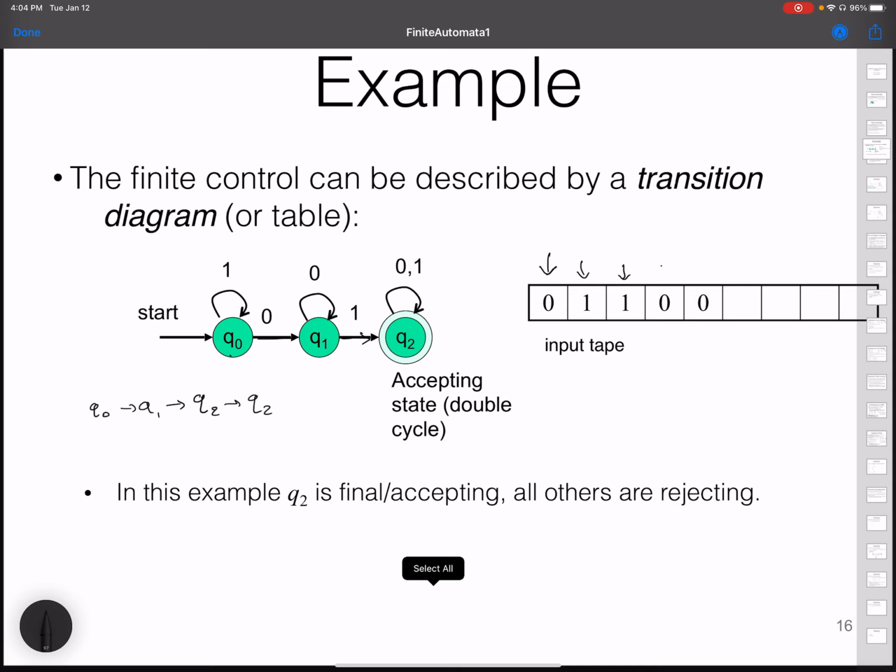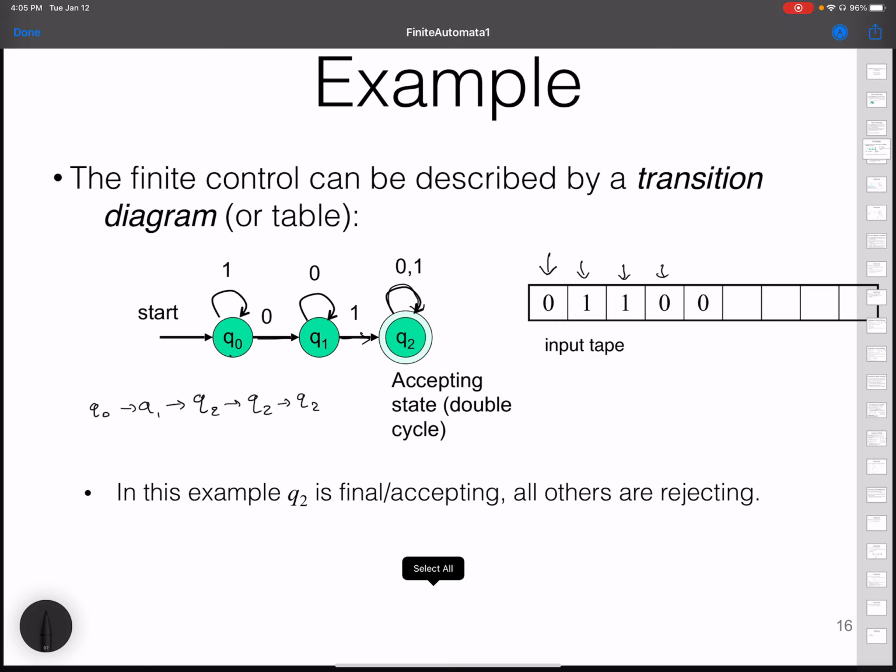The next symbol is 0, and again you stay at Q2. When you reach Q2 in this example, you never leave Q2 over all possible inputs, 0 and 1. You will stay at state Q2.